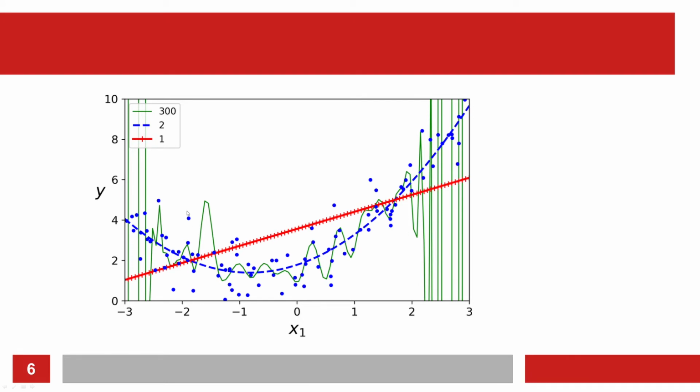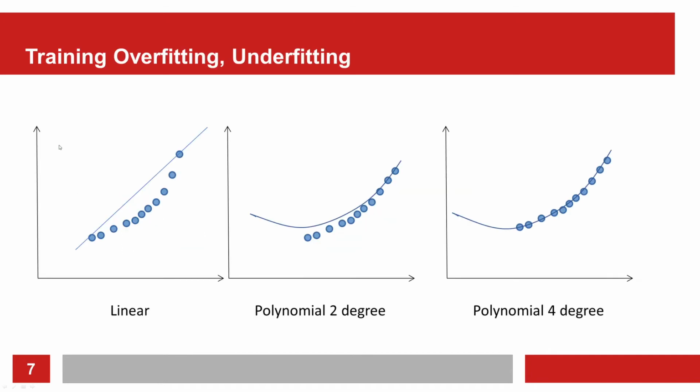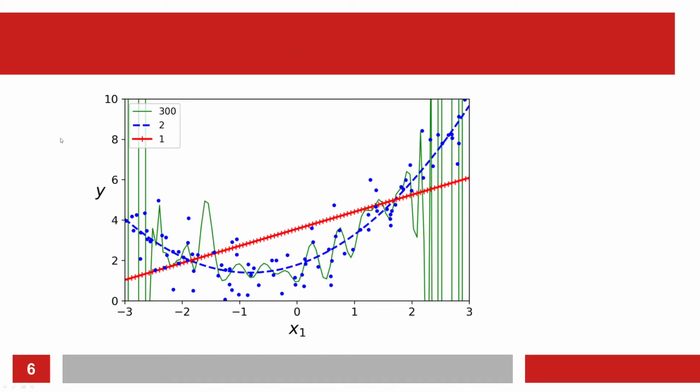But where should I stop the polynomial? The disadvantage of high polynomial degree is overfitting, and the disadvantage of low polynomial degree is underfitting.